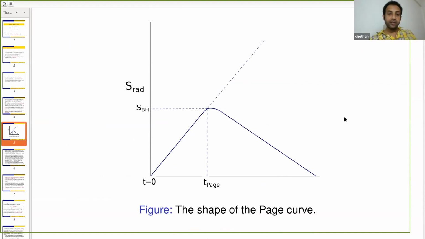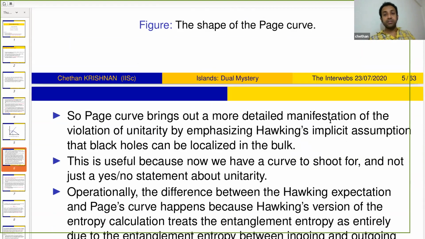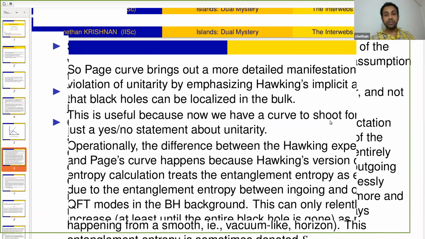The straight line that goes up forever is the entropy of Hawking radiation, as you might get from Hawking's calculation. But the system is reasonably reproduced by a curve like this if you assume that some approximate bulk locality holds in some suitable sense.